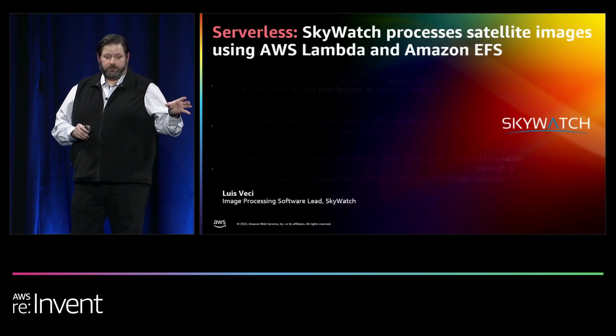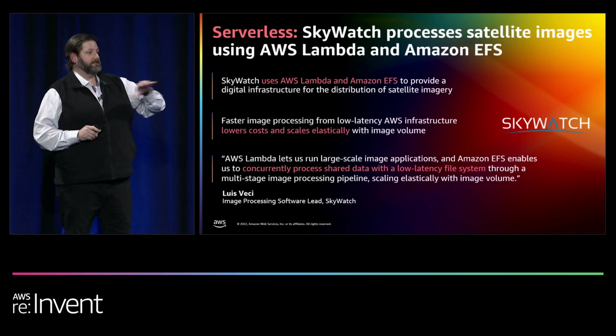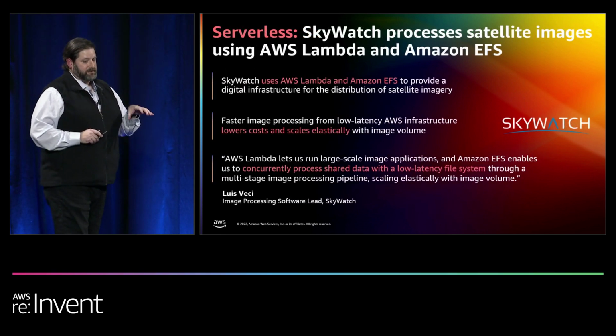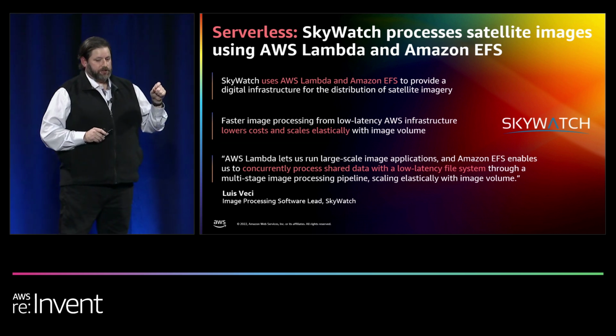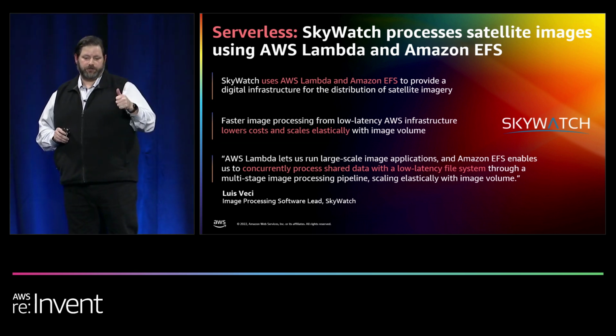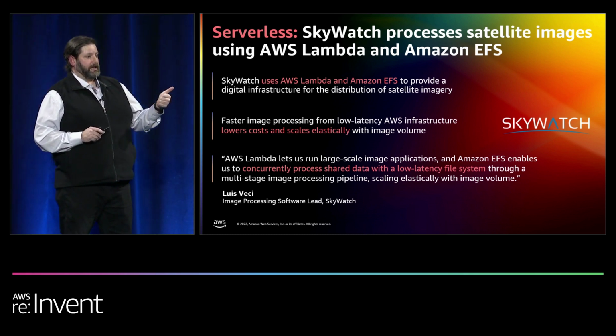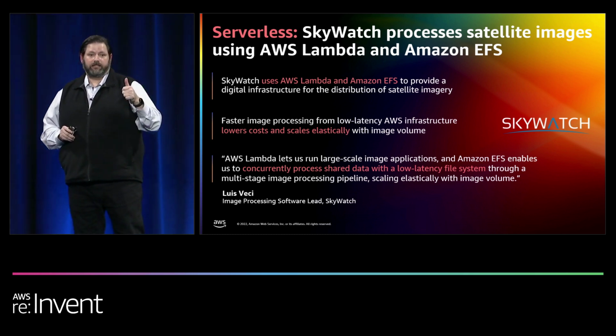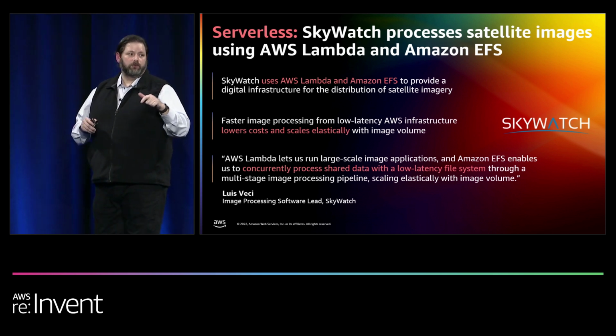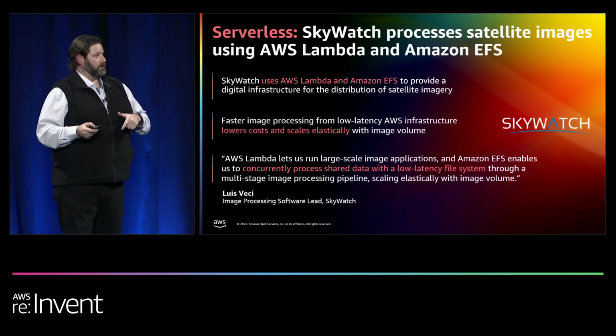That ML inference infrastructure is really easily extended into image processing as well. For SkyWatch, processing satellite images was challenging because the satellite images were large and didn't always fit inside the Lambda temp space, and their processing time was really slow, even when they were able to make it work.